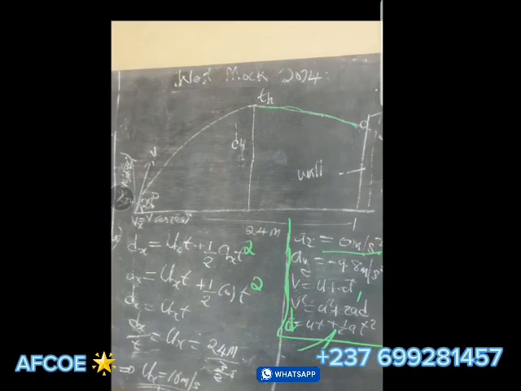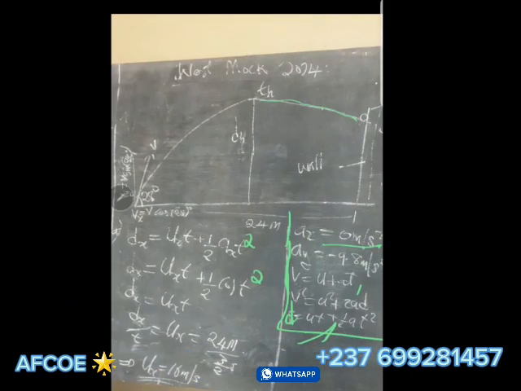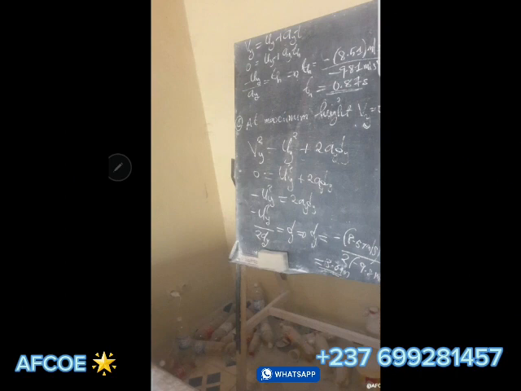Now they ask us to calculate the time taken for the ball to reach its maximum height above the ground. At maximum height, the ball is just about to come down. So at maximum height, the speed in the y direction, that is the speed with which the ball is moving upward, will be 0. You know that vy equals uy plus ayt, using the first equation of motion.